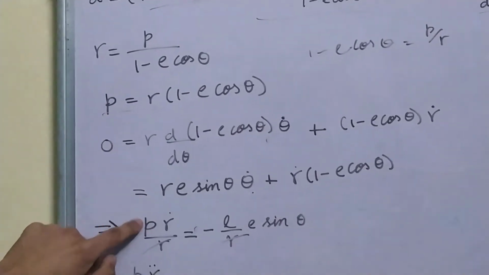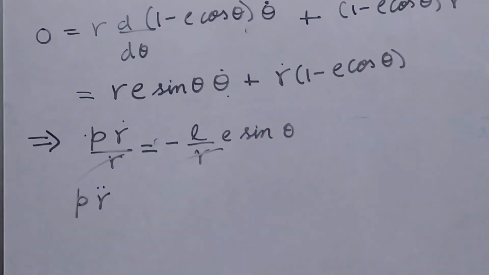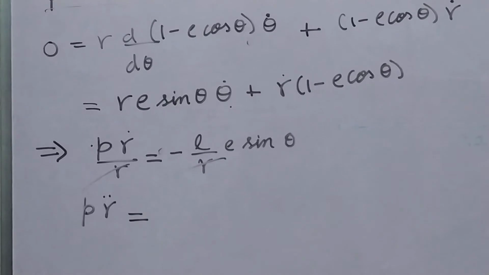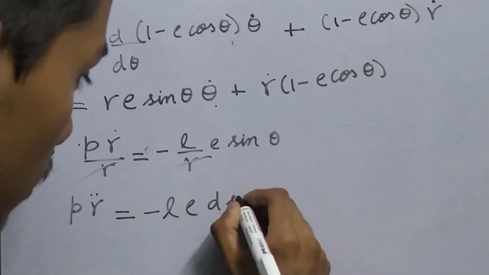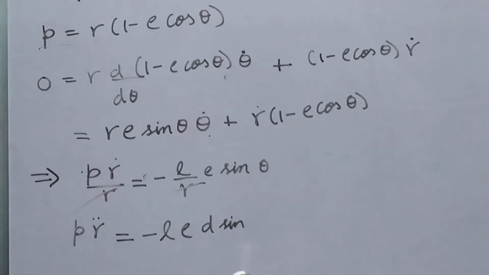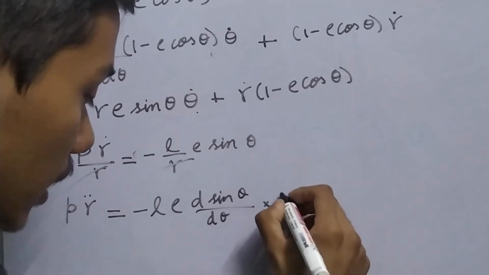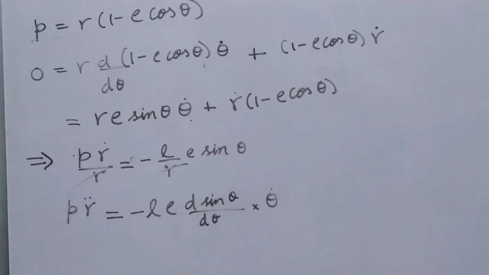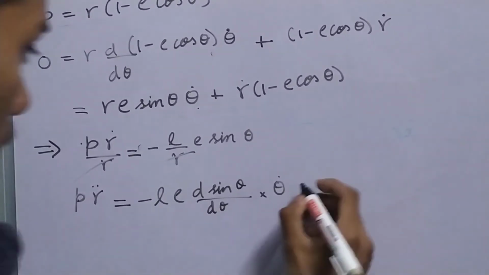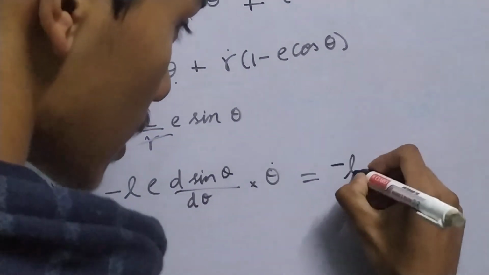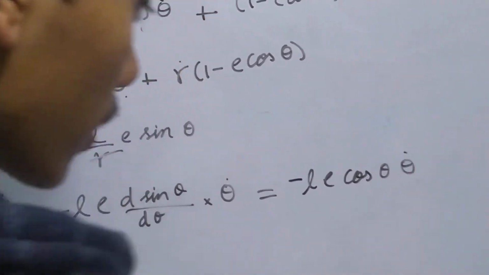We're differentiating this with respect to time, p is a constant, it goes out of the differentiation, you get p r double dot equal to minus L e, differentiate sin theta with respect to time, so d by d theta times d theta by dt, which is theta dot. This is just cos theta. Okay, so equal to minus L e cos theta theta dot.